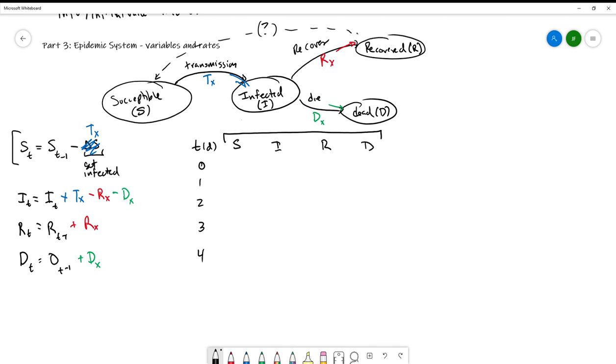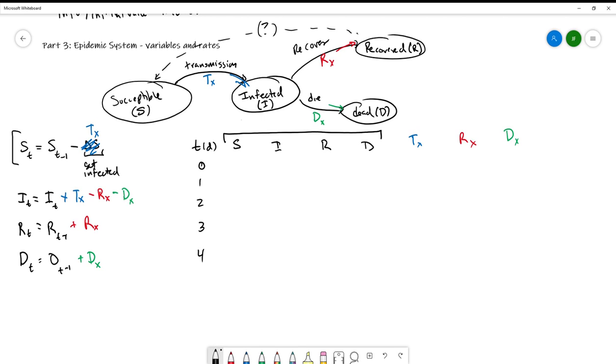So those will be our four discrete populations. We'll also need a transmission rate, a recovery rate, and a death rate.